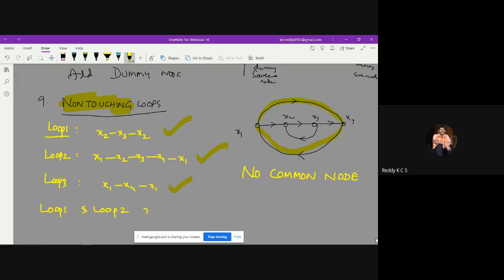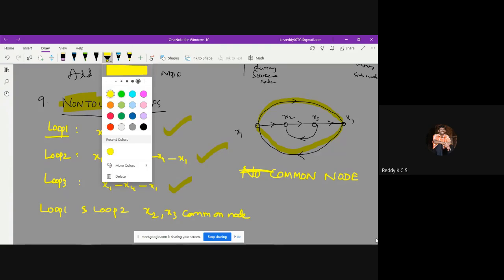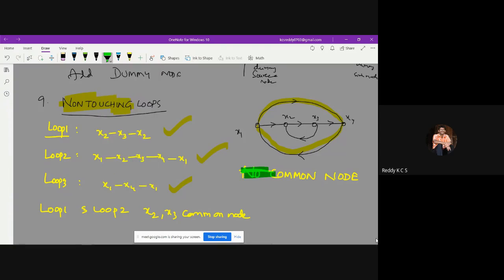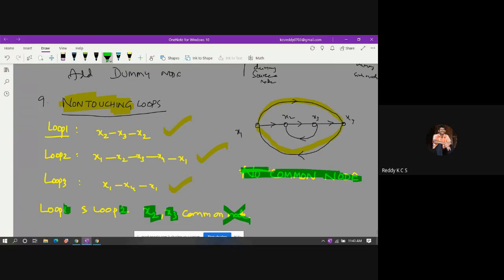But according to the definition, we should not have any common node, and here we have x2 and x3 as common nodes for loop 1 and loop 2. So this is not said to be a non-touching loop.